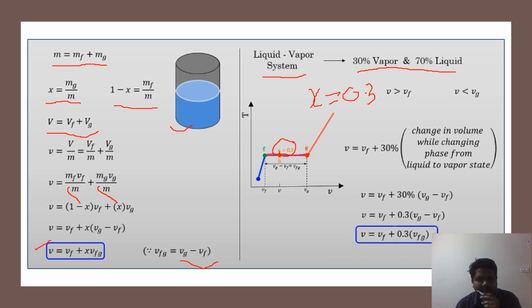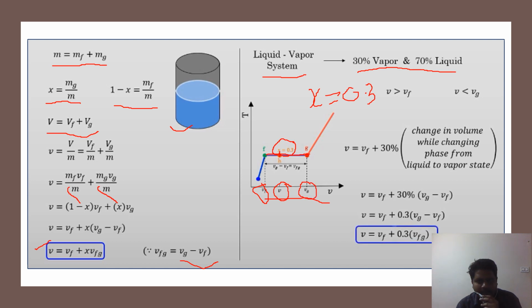This FG line is where the phase transformation is taking place. The liquid is converting into vapor. If you take x on line FG and look at the x-axis, the value of V would be greater than Vf and less than Vg.